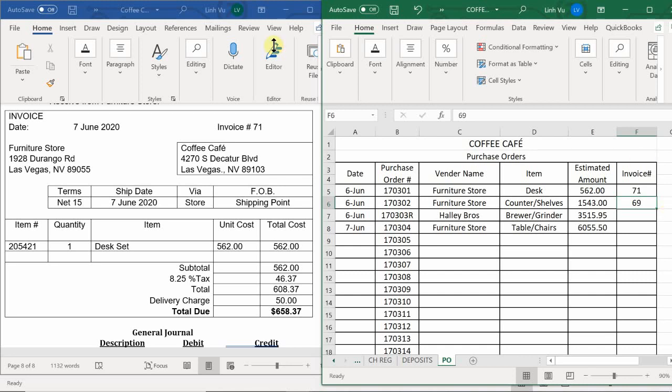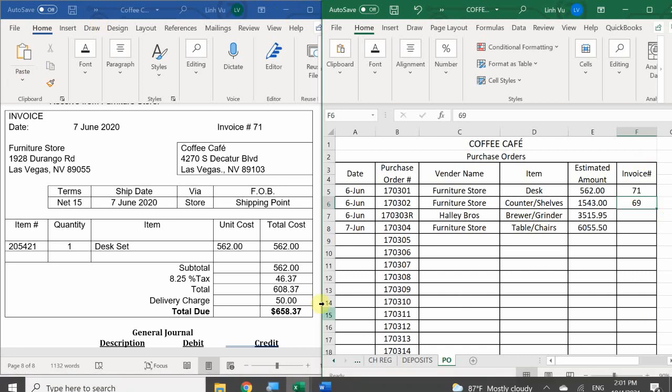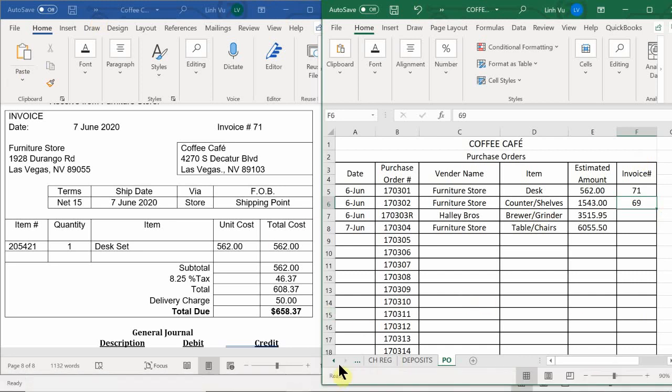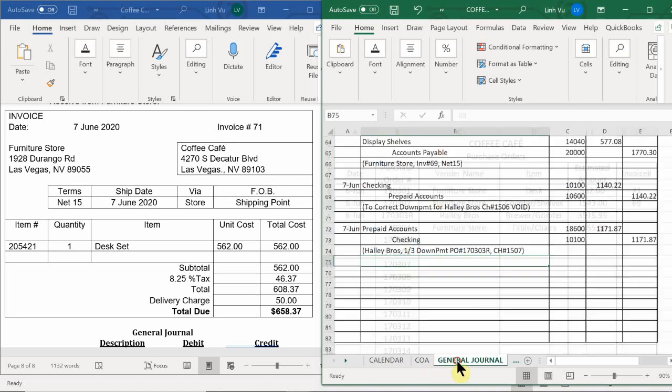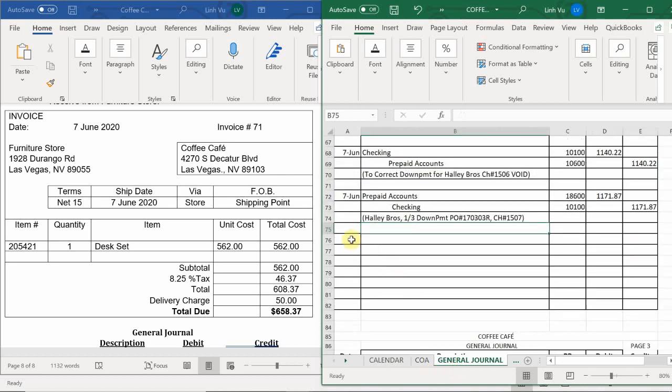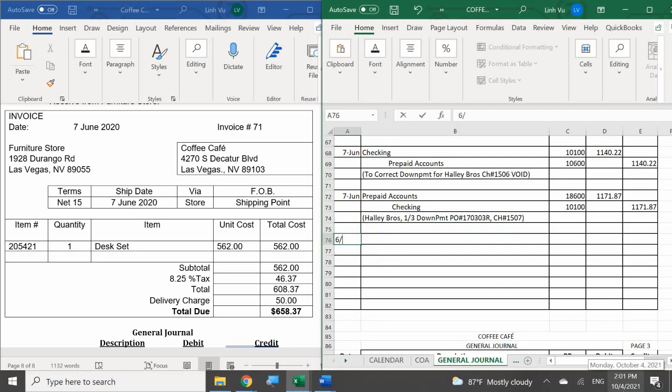Okay. So now that we received, right, we have a bill, we received the items, we got the desk. So what do we do here? Is there an account that we have for the desk set? Yes, it is 13,030.